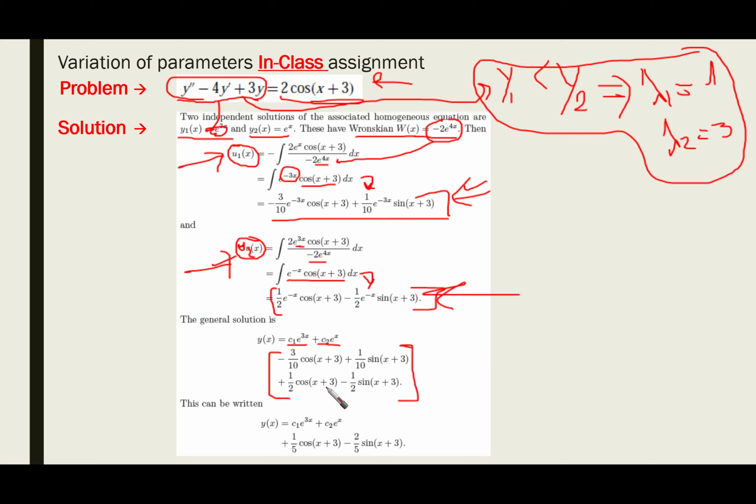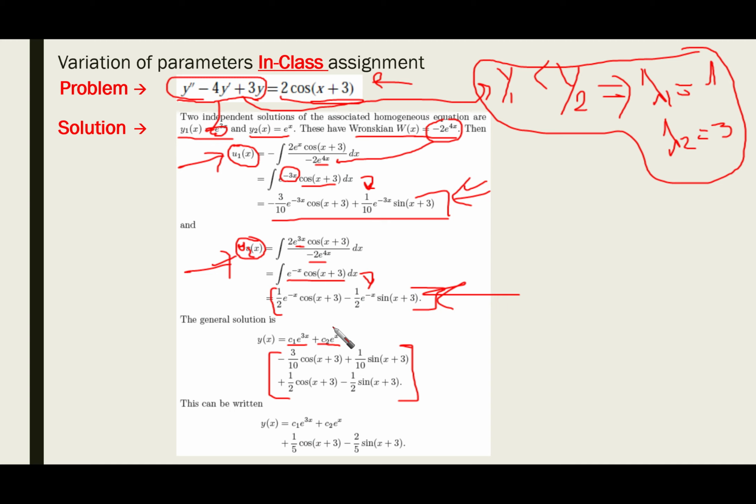Okay, so take care of that, because u1 y1, as you can see here, it is e to 3x, so it is going to be multiplied by, we have 3x here, minus 3x here, so they are going to vanish.